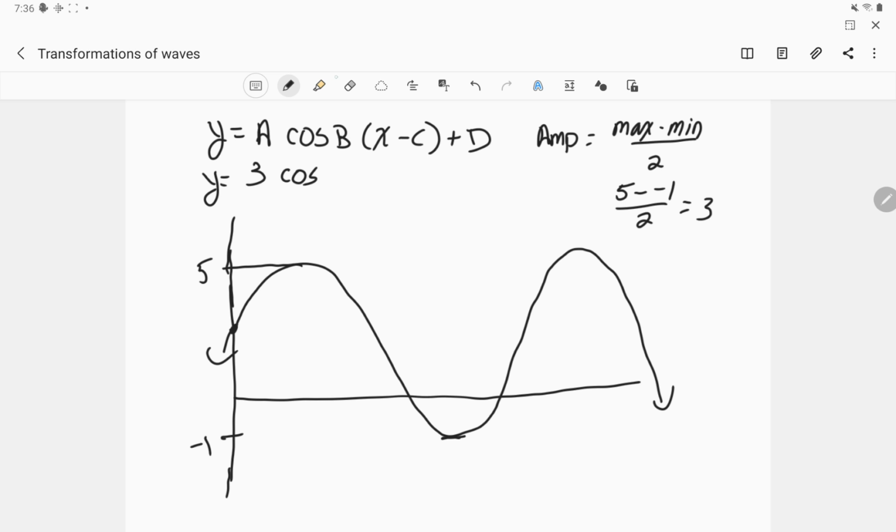All right. The B is a little bit more difficult to get. So the B is, remember, period, and because it's in radians, period is 2 pi over B. So what we need is to figure out what the period is. How long does it take to go through one full wave?